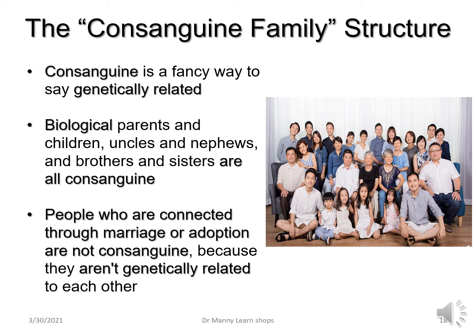People who are connected through marriage or adoption are not consanguine because they're not genetically related. I have my wife's nephews, they call me uncle. I'm not their uncle. I'm not related to them by blood. I'm just their aunt's husband.